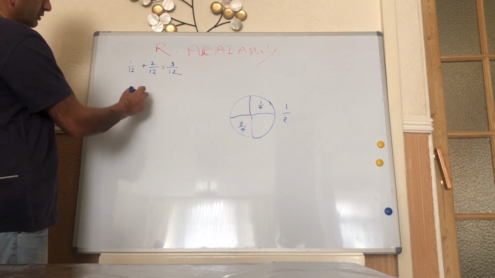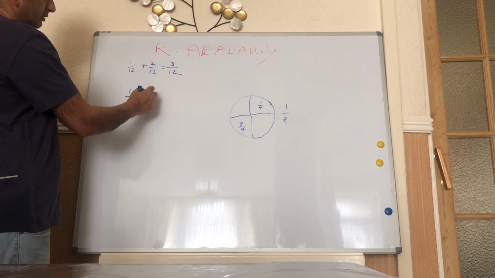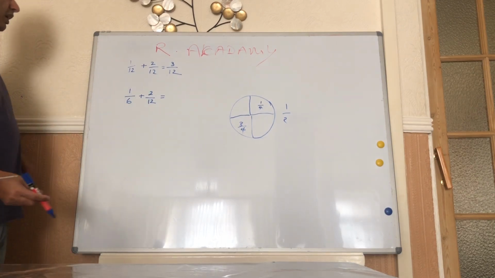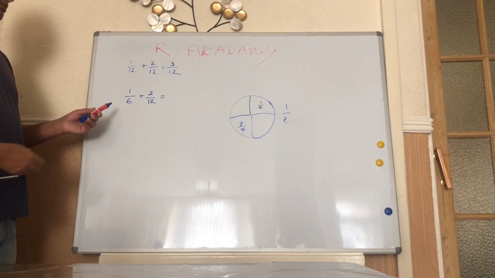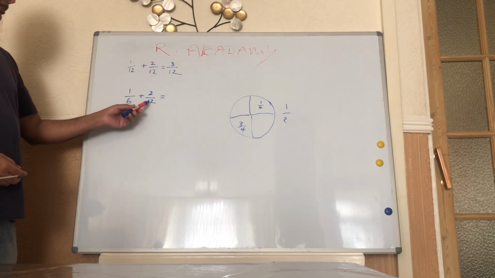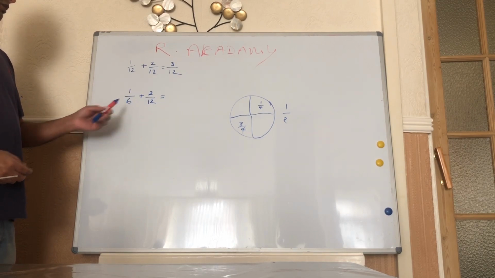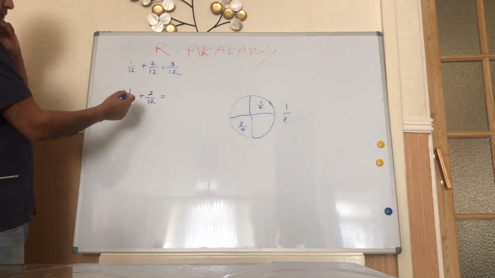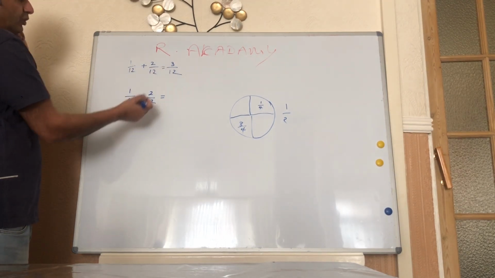So what do you think is going to happen if we turn around and say 1/6 plus 2/12 equals what? Now if you look at the number at the bottom, it's bigger. This one is bigger than that one. So it can't work. Because this number remains the same, you have to bring this number up to that number.